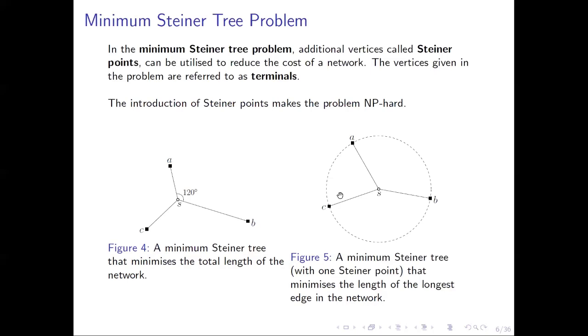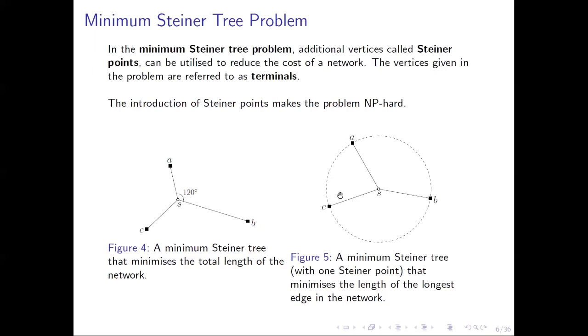Below, we have two examples of minimum Steiner trees. We have the same three terminals that we had before, except on the left, we have an example of a minimum Steiner tree that's minimizing the total length of a network, so the sum of the lengths of these edges is the shortest possible.